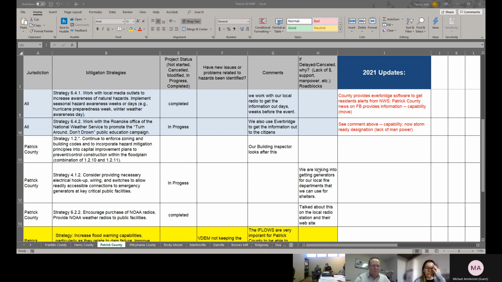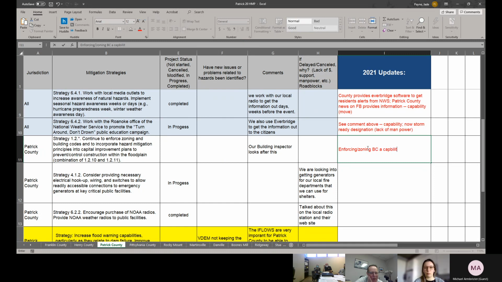He oversees all that. Yeah, there's no updates on that. Okay. Scott, does this sound like something that would be more of a capability now? I think enforcing the zoning and building codes, FEMA would consider a capability because it's something you do anyway. But I think using the capital improvement plan to try to get funding to do prevention and control things, we should keep in.